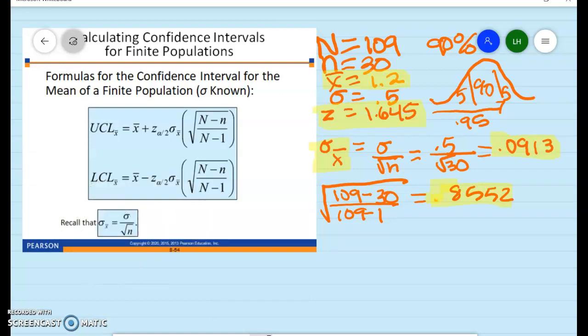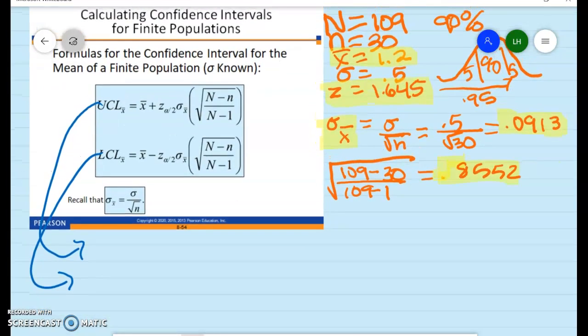Okay, so if you look at our formula over here for the upper and for the lower, X bar is 1.2, which is the sample mean. I'm going to move this up a little bit.